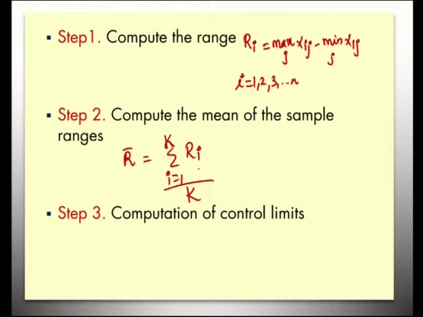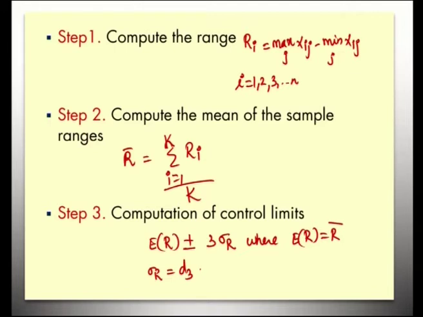The 3 sigma control limits for R chart are expectation of R plus or minus 3 sigma R, and E of R is estimated as R bar, and sigma R is calculated by the formula d3 into sigma cap, which is equal to d3 by d2 into R bar, because sigma cap we have already calculated as R bar divided by d2, isn't it?